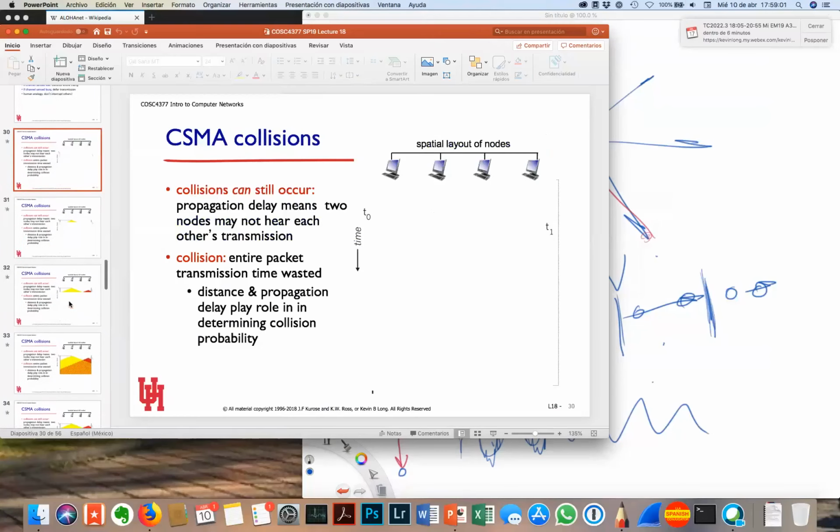So there's a famous way of drawing this as a timeline diagram. And I don't love the way exactly the book did it, but we'll show some more detail. So what this shows is a network left to right with 4 computers on it. We can call them 1, 2, 3, 4 if you want to. And time goes down the page. And at time 0, one of the computers starts to send something.